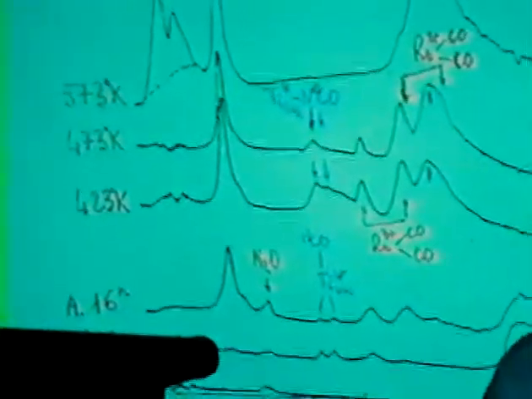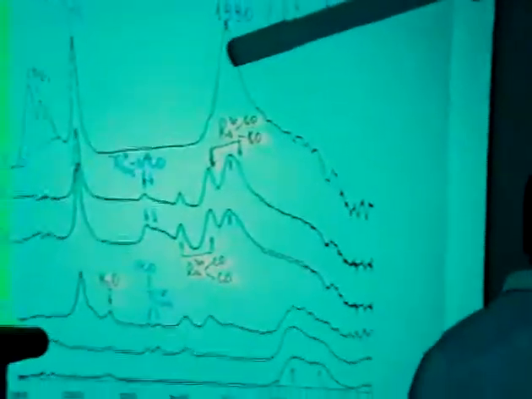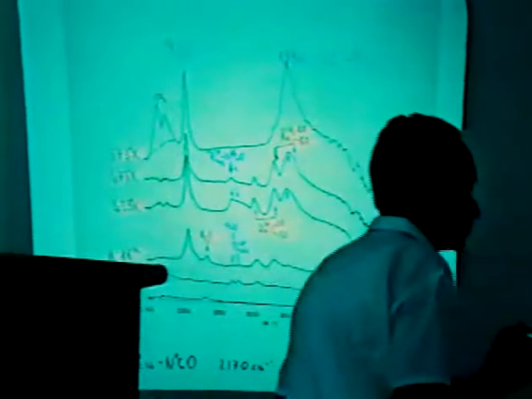And the amount of isocyanate is very low, and it decomposes immediately at 200 degrees. Of course, carbon dioxide is easily formed, and only at higher temperature the ruthenium is reduced to the usual ruthenium CO, ruthenium zero CO species.